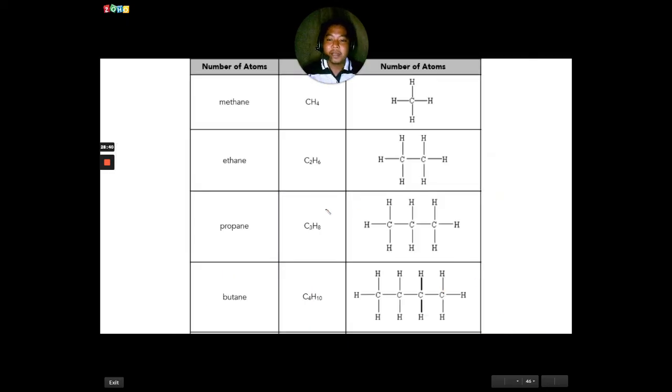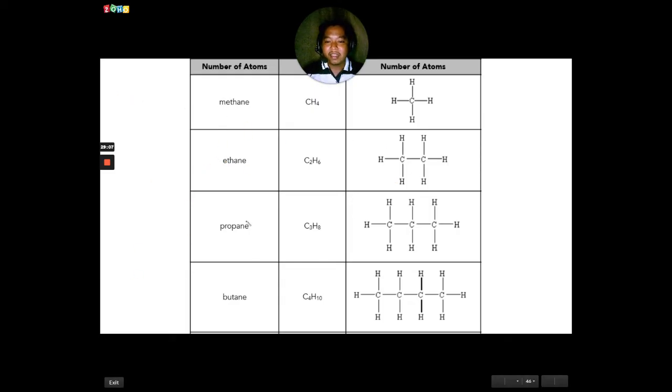And this will be the structure for propane. 1, 2, 3, C3H8 because of the formula. That's 1, 2, 3, 4, 5, 6, 7, 8 hydrogens and 3 carbons. Butane for 4, C4H10, that's 1, 2, 3, 4. Yan, the butane and the beast. Charot lang. So that's your first 4 alkanes.